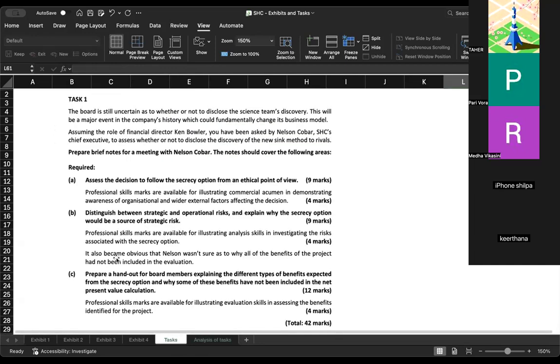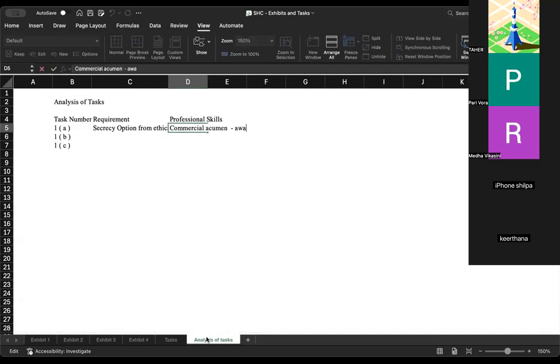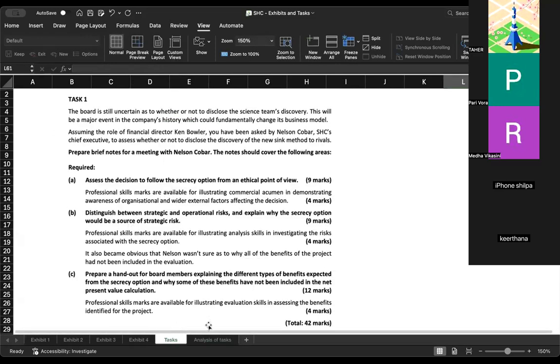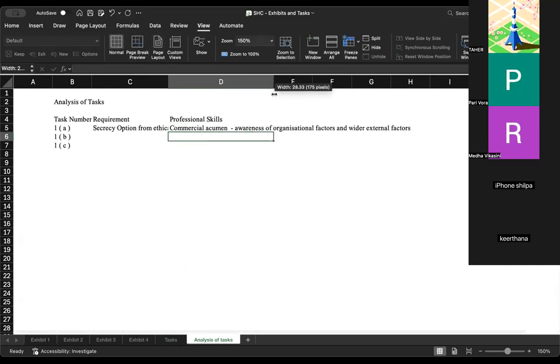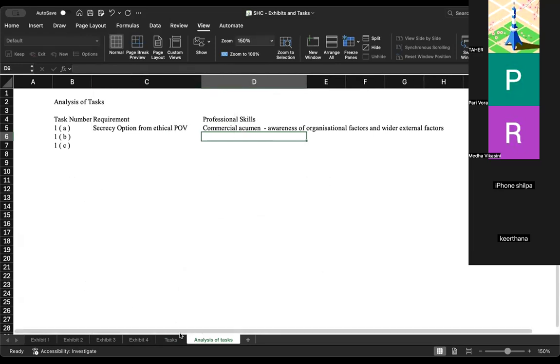They have explained how commercial acumen will come: awareness of organizational and wider external factors. Organizational factors and external factors, wider external factors. Okay. Any other?